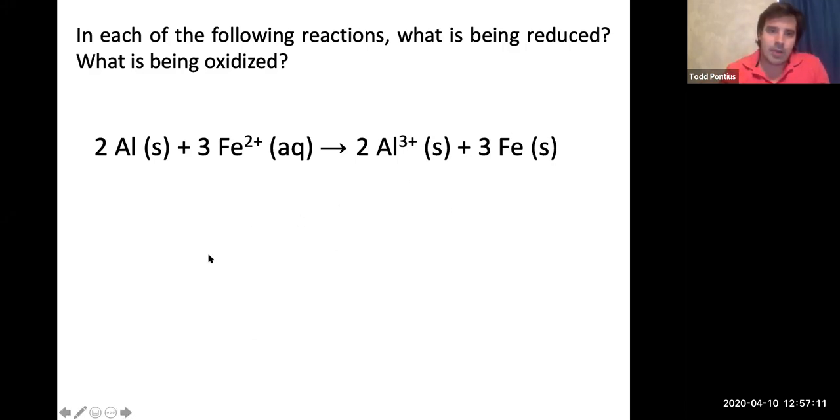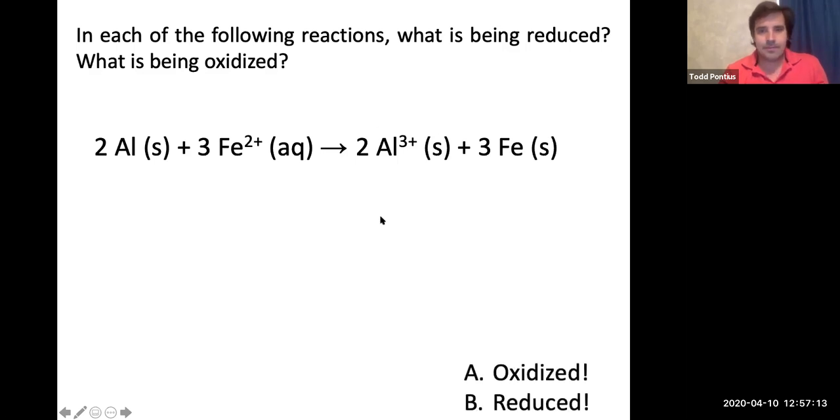So my question is, in this reaction, is aluminum oxidized or reduced? For these first two, we'll take about 30 seconds, and then we'll do a speed gauntlet of these.